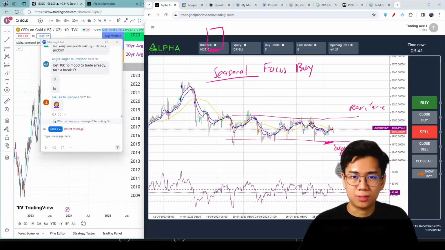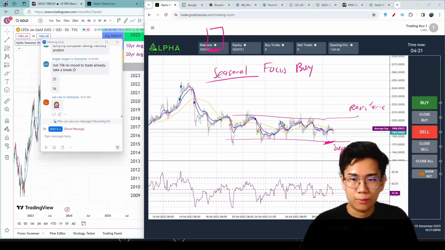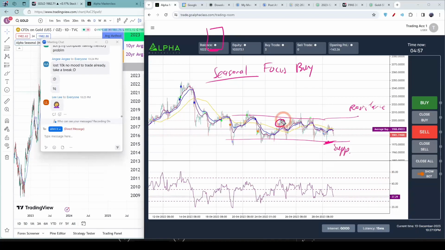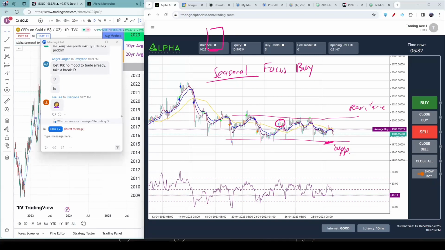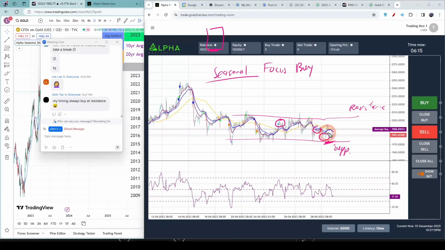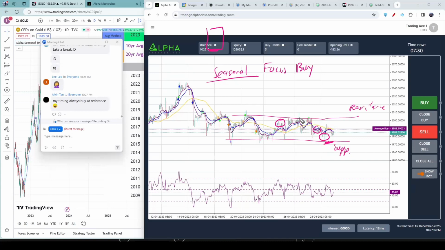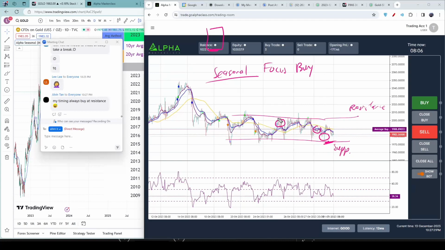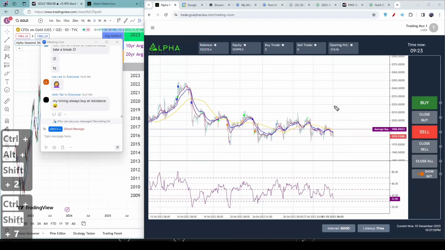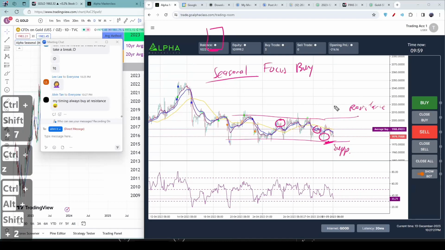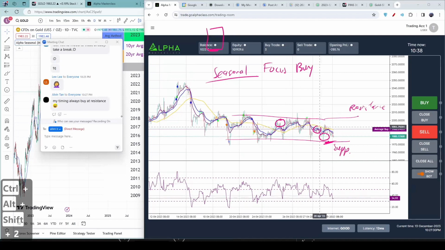But you see, this is how I do it. When I make a buy at the worst price ever, I buy again as it comes down, I buy again. Meaning what? If I buy at resistance, I recover it later. Just wait. Later you will recover.